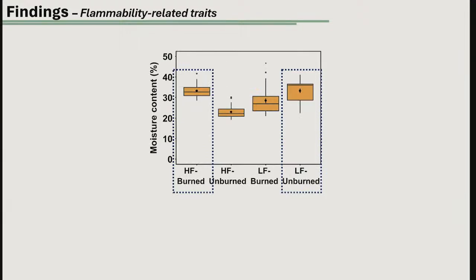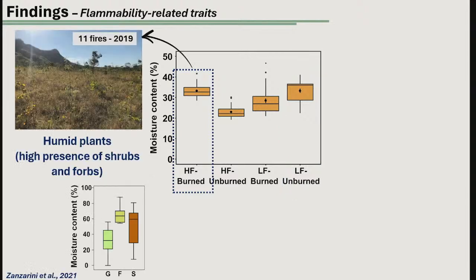And in relation to moisture content, we can observe that these two areas, the high fire frequency recently burned and the area excluded from fire, exhibit a high percentage of moisture content. And in the first area, this high moisture content can be attributed to the presence of forbs and shrubs, for example, the high presence of them in the ground layer. And such species are more humid than grasses, for example.